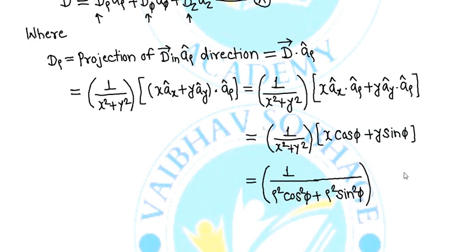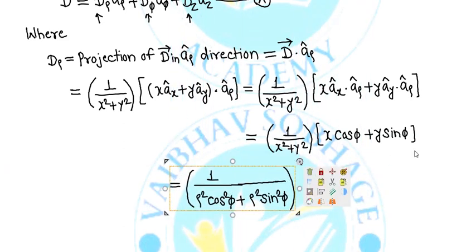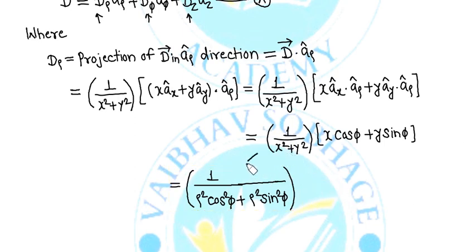Okay, let me shift that one. So again, we are going to write the values for that one. Okay, now this is what we have: 1 upon x square plus y square.